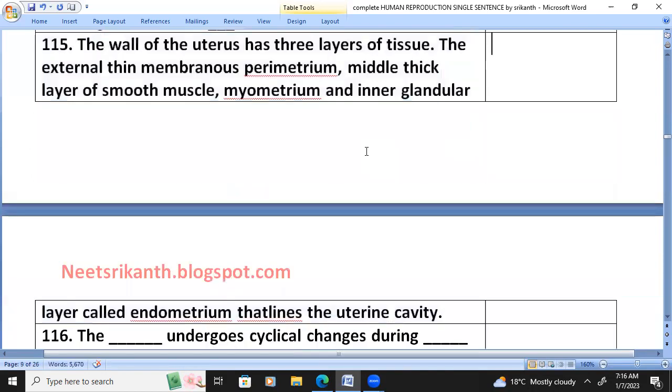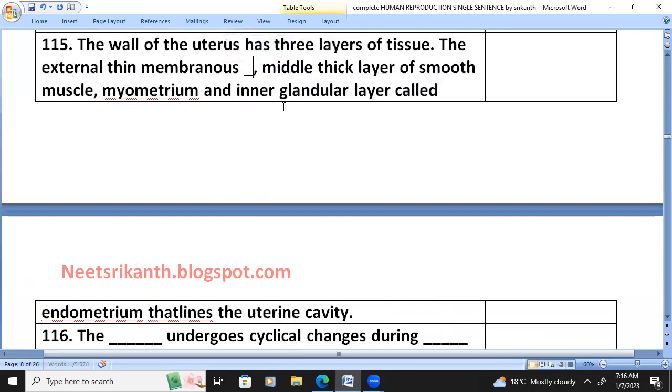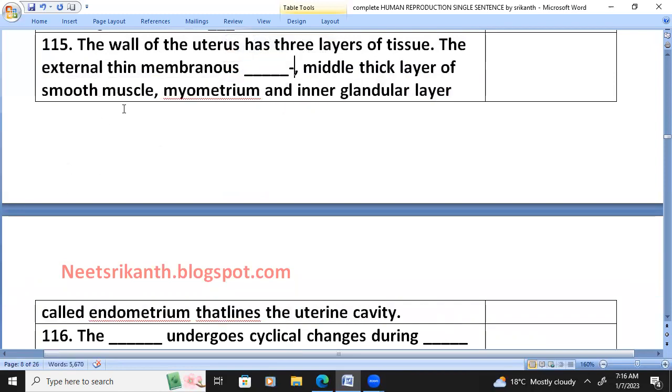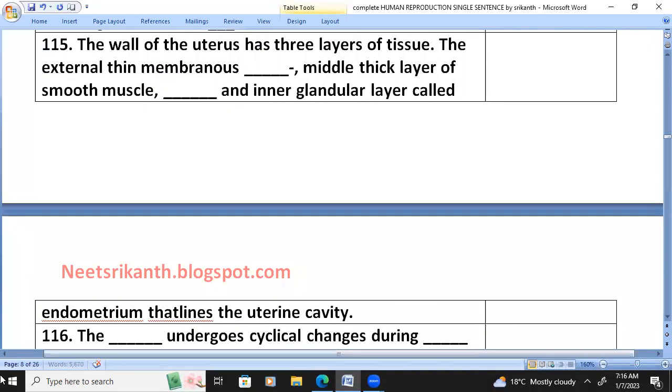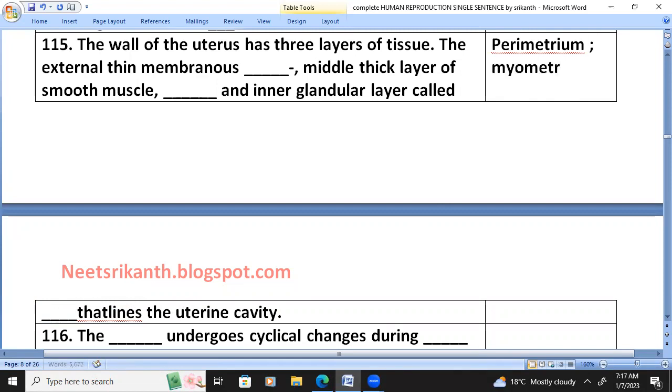The wall of the uterus has three layers of tissue: the external thin membranous perimetrium, a middle thick layer of smooth muscle called the myometrium, and the inner glandular layer called the endometrium.